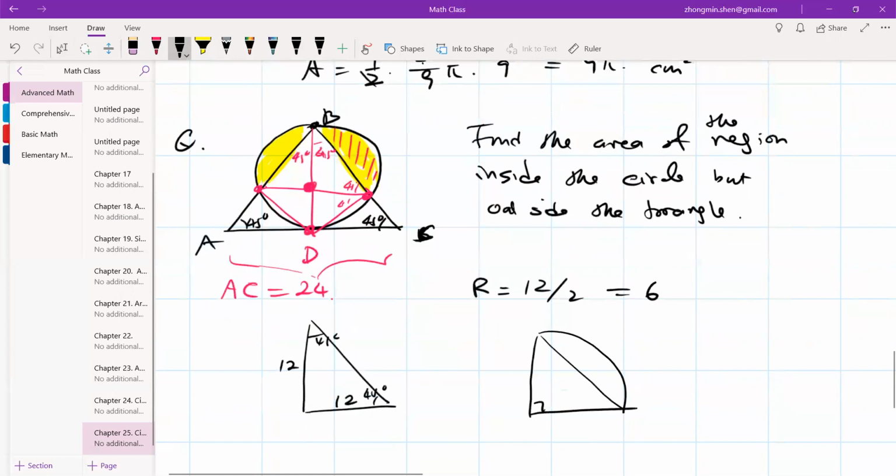Okay, you don't need to know the other part of this. Can you find the area of this region?